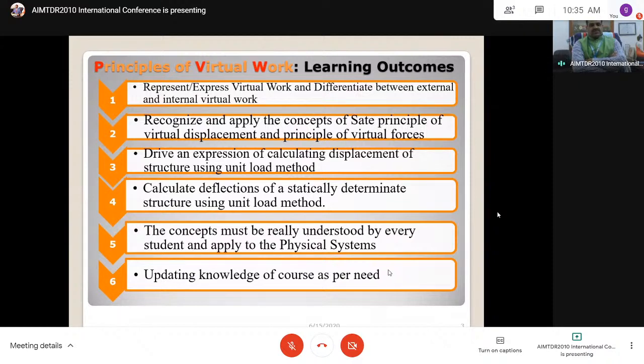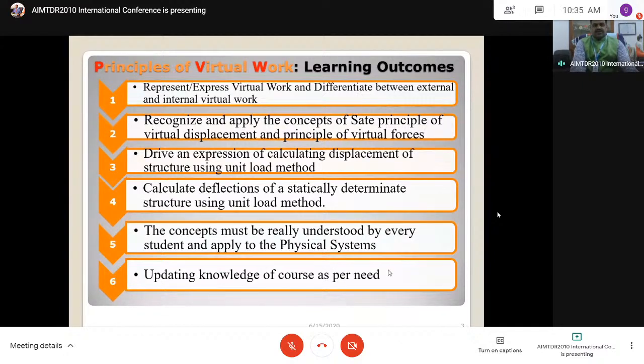These concepts must be really understood by the student. This is another method to solve static problems and apply to physical systems. Whenever you deal with any problem in real life, you have to understand and apply this method.